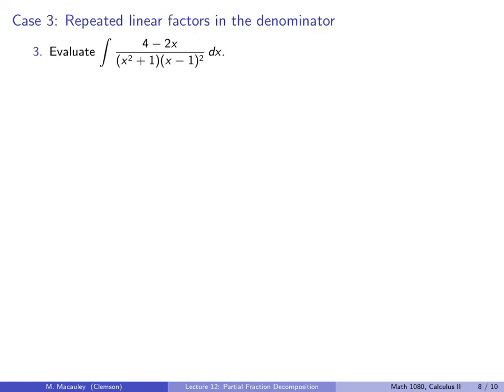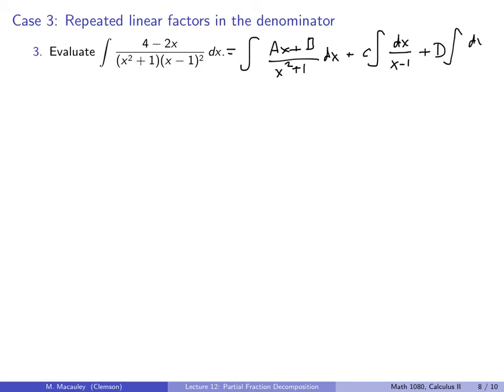So we have written this now as the integral of (ax + b) over (x squared + 1) dx plus, I'm going to factor out the c, why not, c times the integral of dx over (x - 1), plus d times the integral of dx over (x - 1) quantity squared.